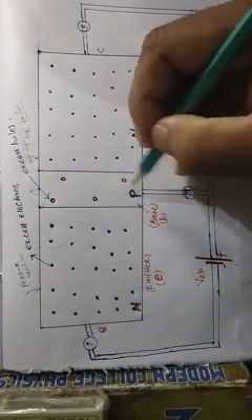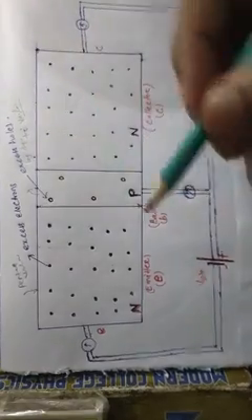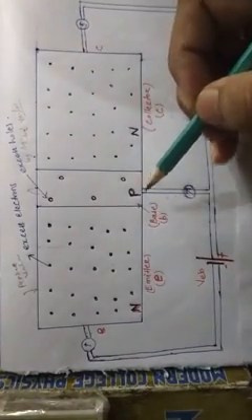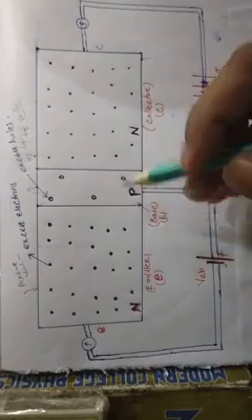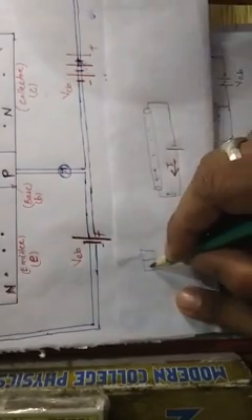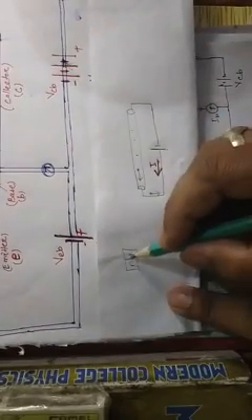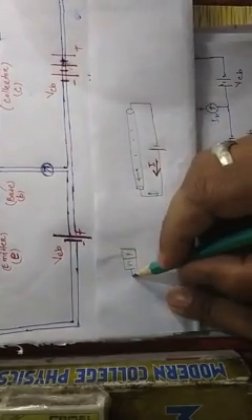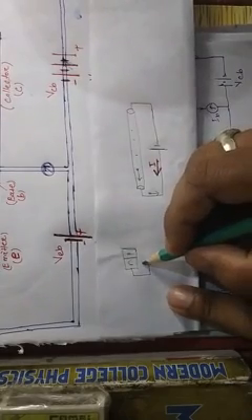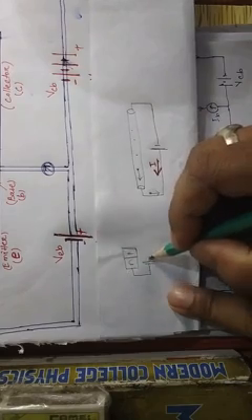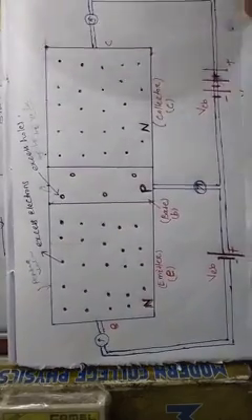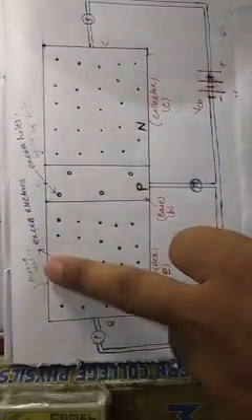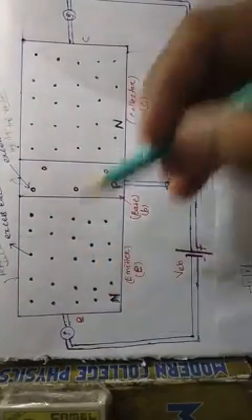In forward bias, for an NP diode, we connect the negative side of the battery to the N side and the positive side to the P side. Likewise, we give the biasing voltage between emitter and base.